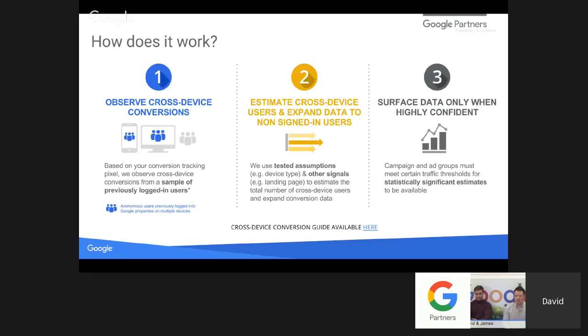Finally, we surface this information within AdWords only when the system reaches a 95% confidence threshold, meaning that you too can be confident with the cross-device conversions reported within AdWords.